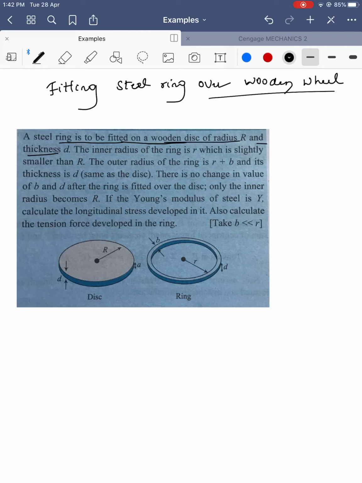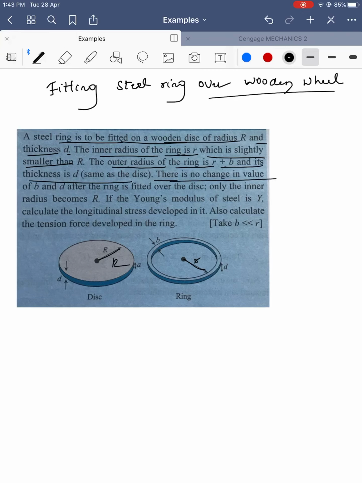The inner radius of the ring is small r, which is slightly smaller than capital R. The outer radius of the ring is r plus b, and its thickness is d.